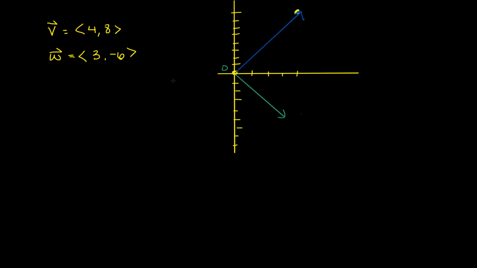And now what I'm going to do is create that parallelogram. We've seen this before. So I'm going to create a parallelogram here. Move this up this way. Try to do that length.